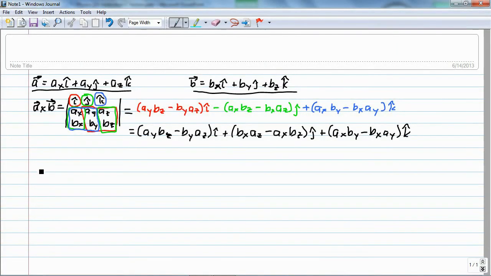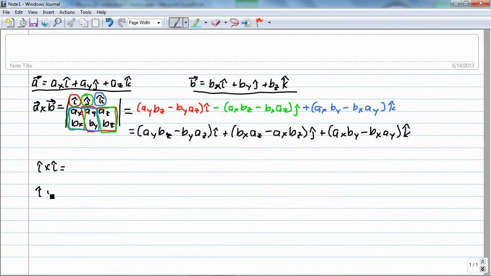Now, there's some characteristics about cross products that are good to know. Let's just look at the unit vectors, and numbers in front of them are just multipliers, so we can figure that out. But just to look at what kind of directions we get here.